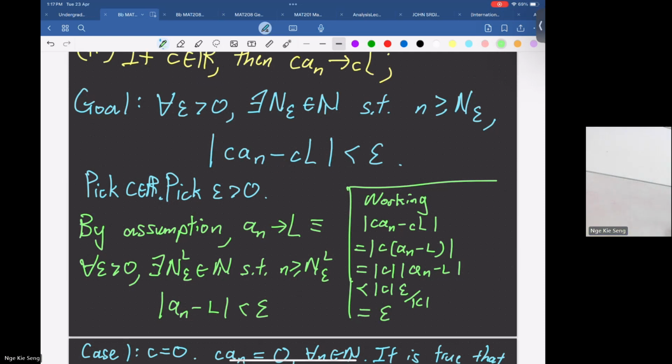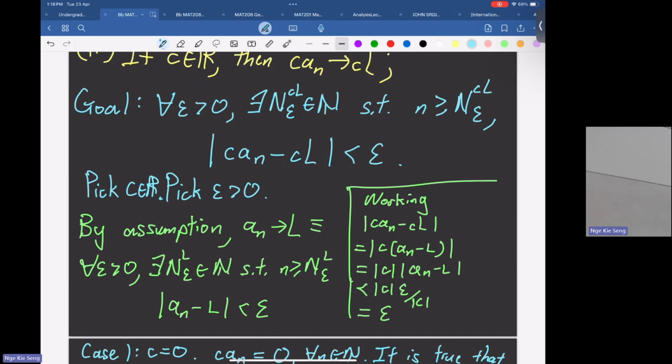Yes. Say again. Go to N epsilon. If you want to make it consistent, you can put it like this. But that's fine, because whether or not you have C L, it's still true.